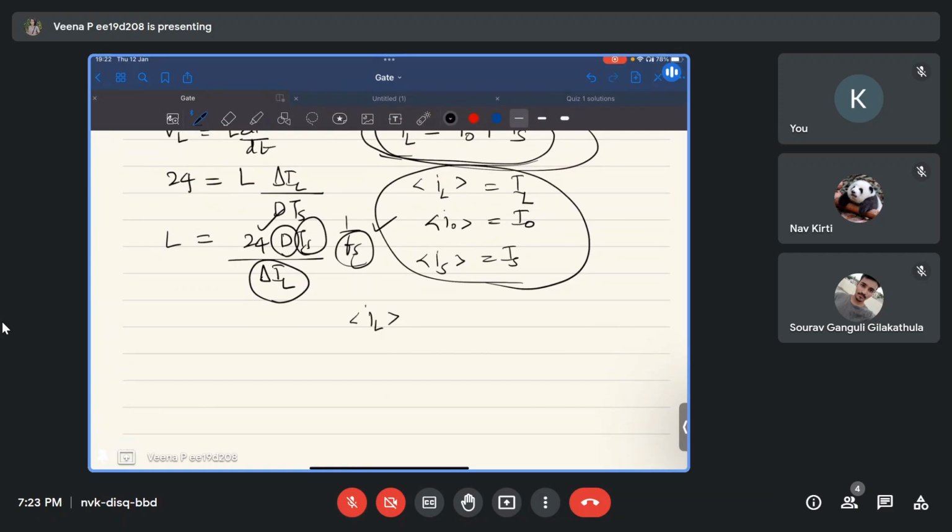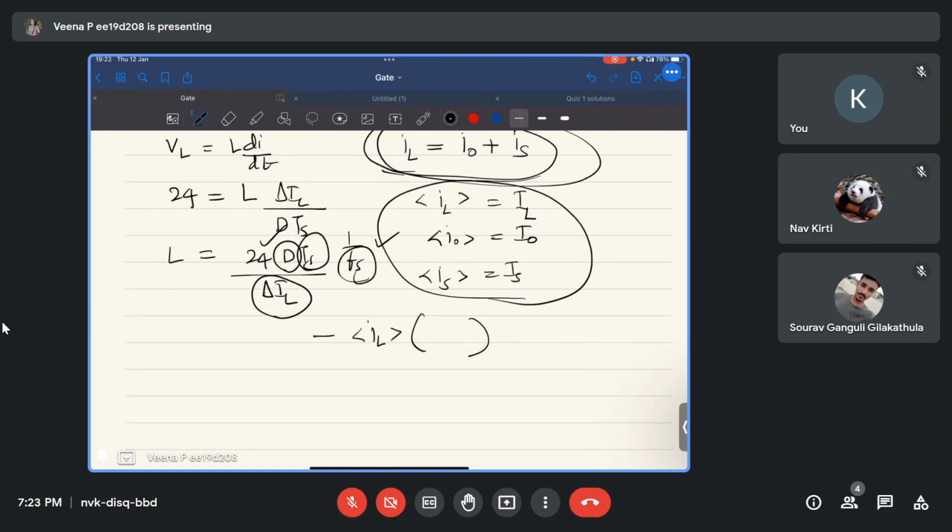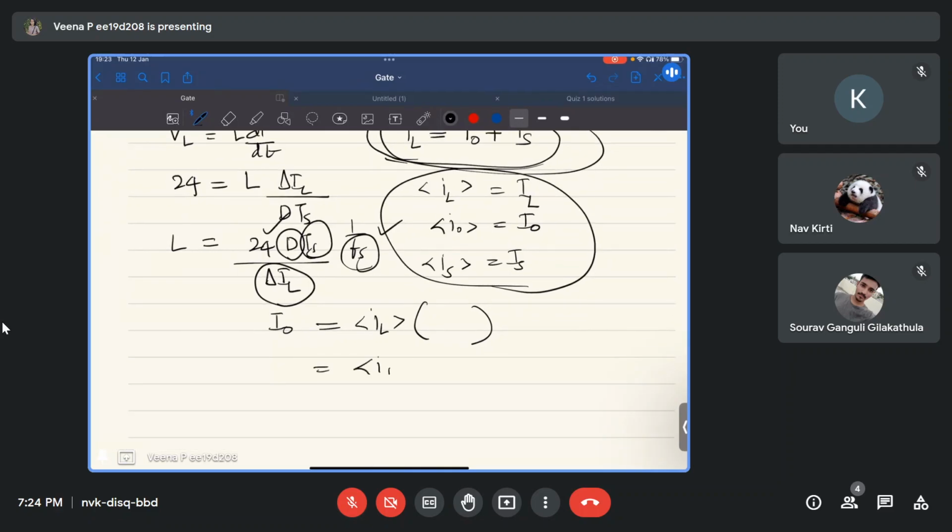The average value of inductor current multiplied by a factor will give you the average value of output current. Similarly, the average value of inductor current multiplied by another factor will give you the average switch current. This factor depends on how much time the inductor current flows through that component.